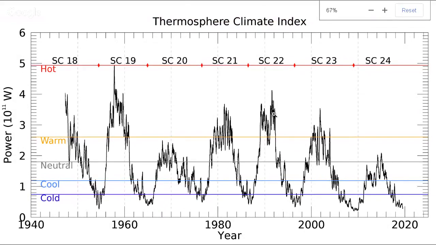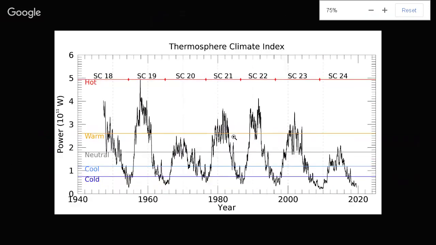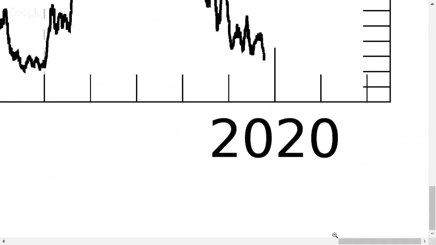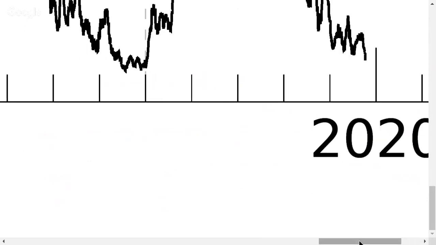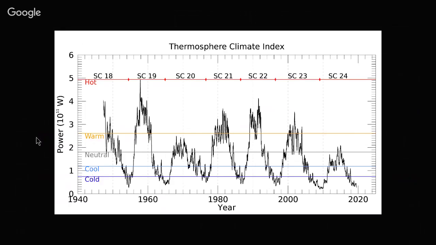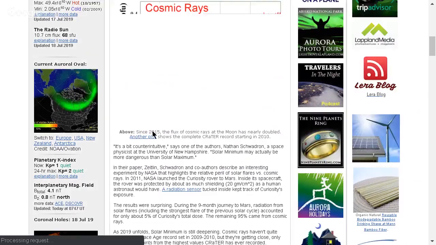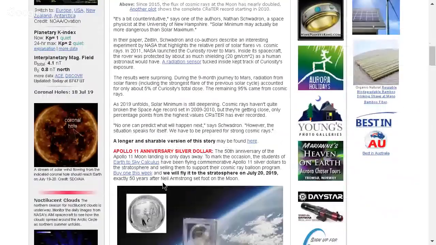And oh man, can I get a zoom? Oh, there we go. So notice this area right here. There's the last minimum. There's the current minimum. If you weren't aware, folks, that's a good thing. Don't get fear-mongered into believing stuff that isn't true.